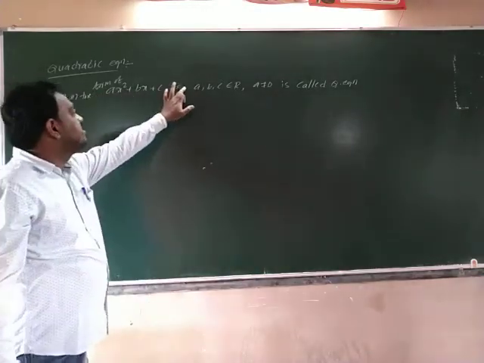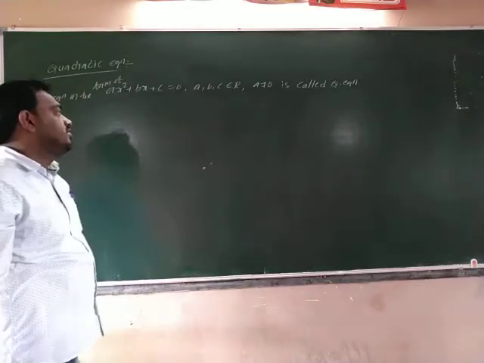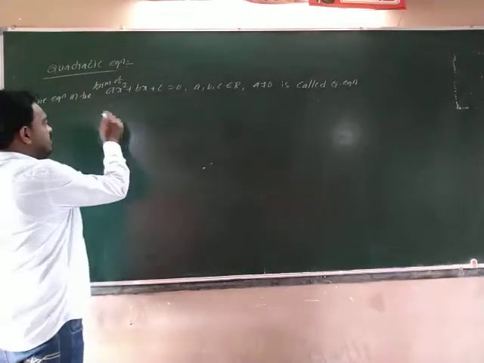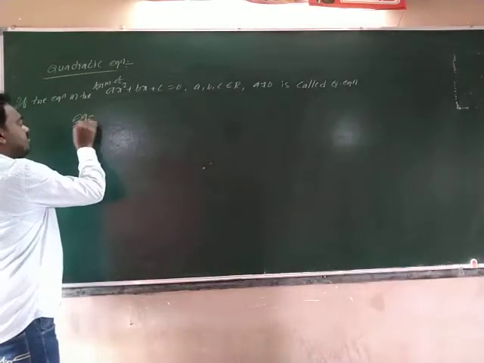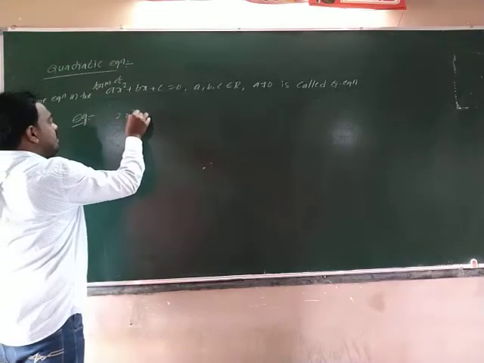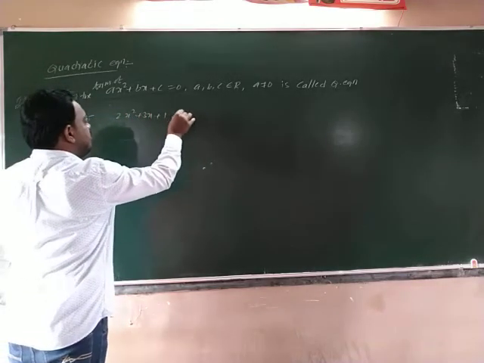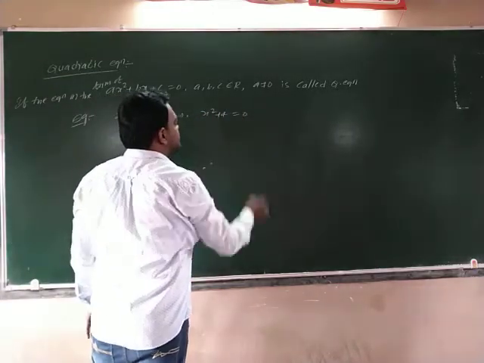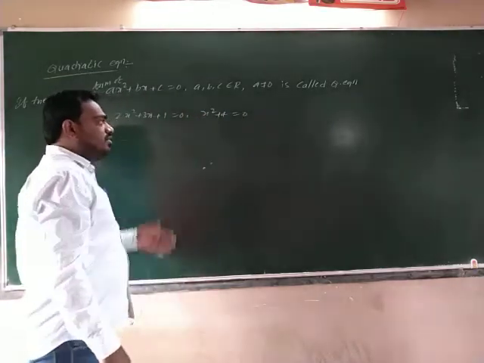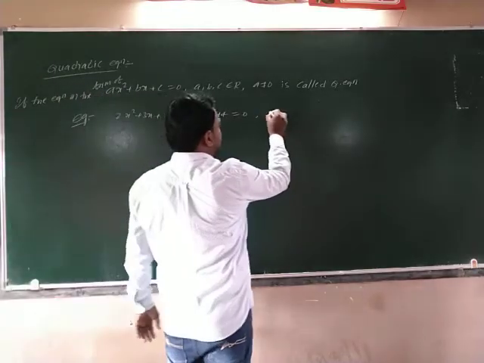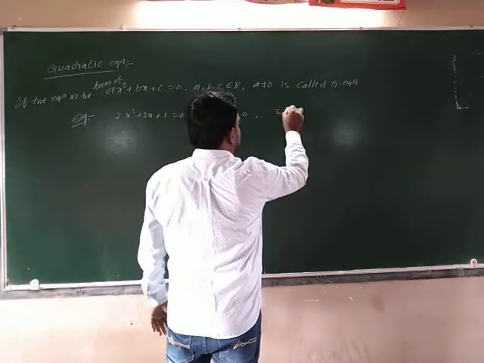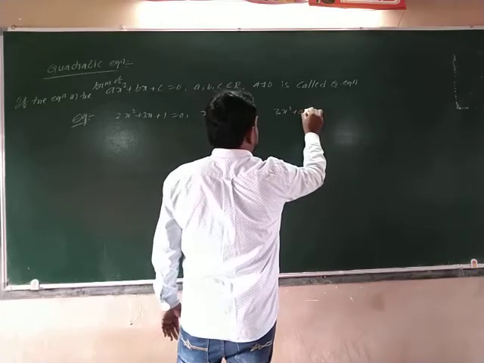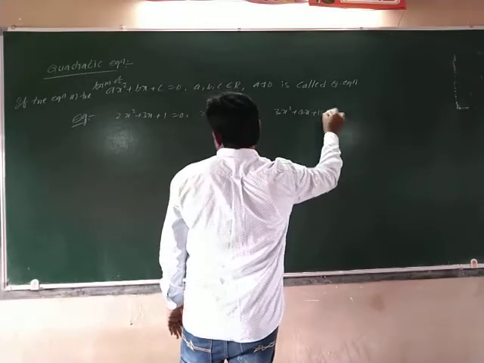So this is the general form of the quadratic equation, right? Examples: 2x square plus 3x plus 1 equal to 0, x square plus 1 equal to 0, 3x square plus 5x plus 10 equal to 0.